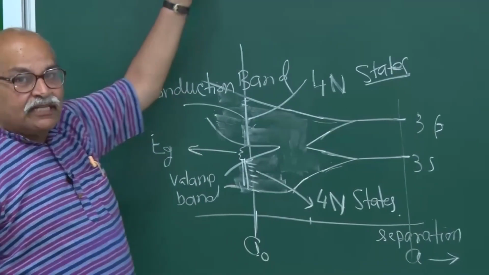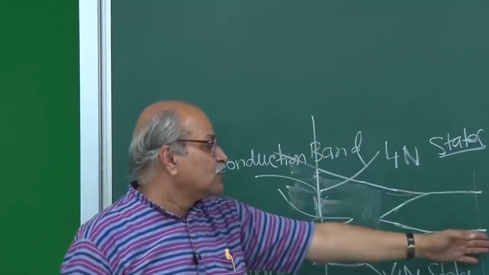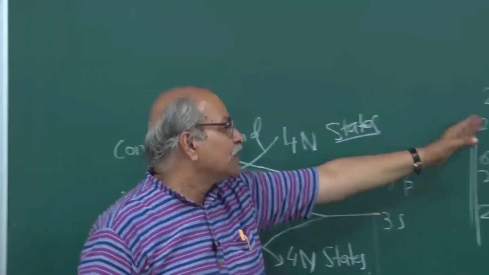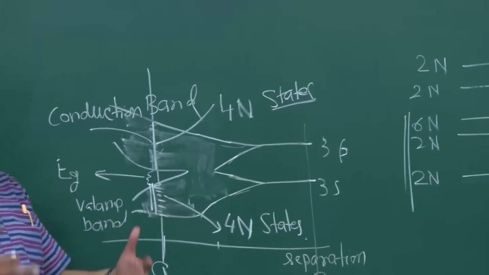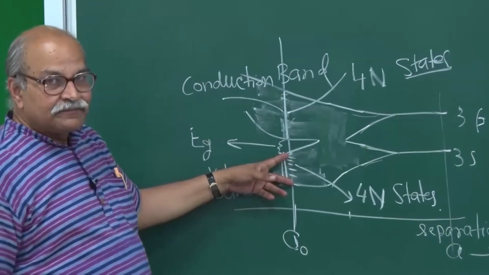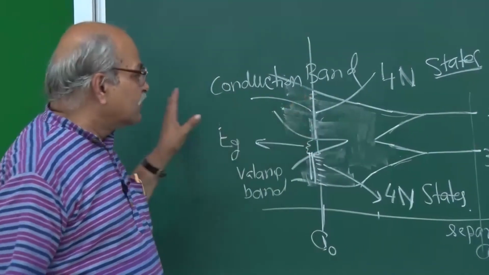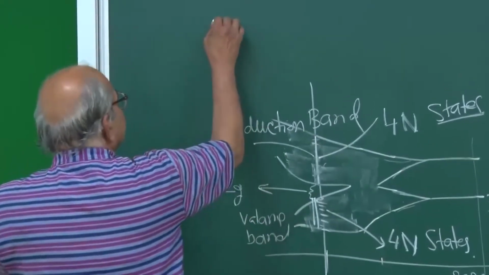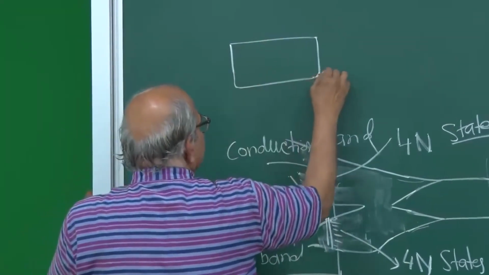Electrons, you only have 4n electrons. s2p2 we started with, so 2n plus 2n, 4n electrons. So in the lowest energy, in the ground state, these 4n states will be filled and these 4n states will be empty.